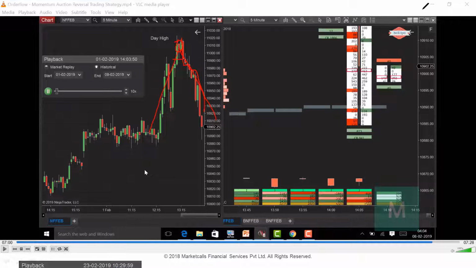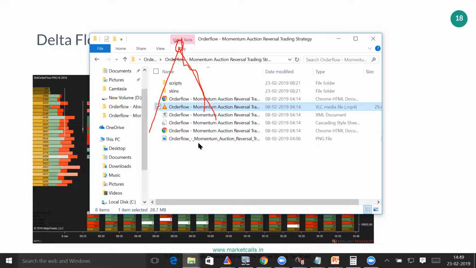Maybe I'll run through a similar example. This is also taken in February. All the examples are taken only during this month, the current month.